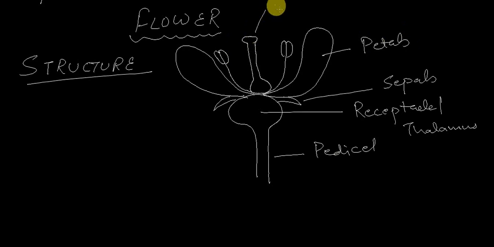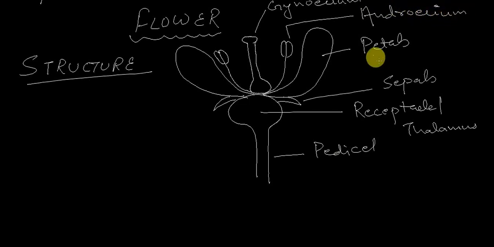This one is the female reproductive structure, called the gynoecium, and this one is the anther, or basically the androecium. So these are all the structures of a flower.